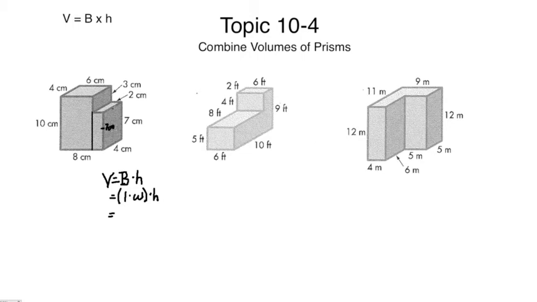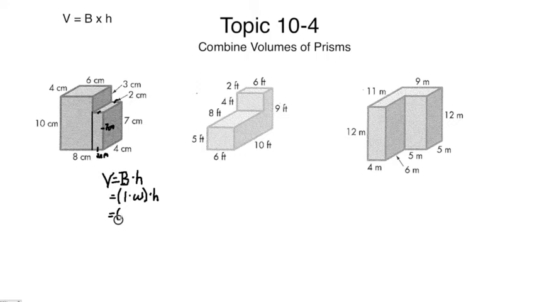This is the same as this, so this is 2 centimeters, this is 2 centimeters, this is 2 centimeters. Or I can use this side right here, 4 by 7, and make my height 2 centimeters. So it doesn't matter which one I use. I'm going to use this one.